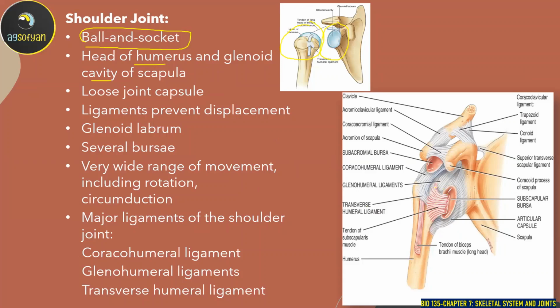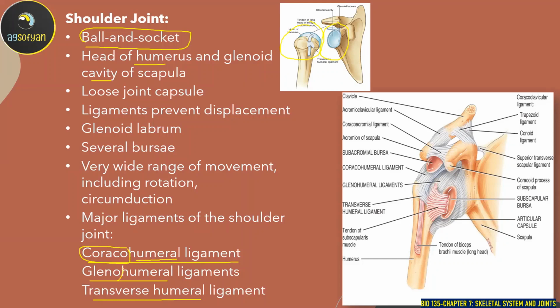And there are several ligaments that make this joint stronger. There are 3 of them: coracohumeral ligament, glenohumeral ligament, and transverse humeral ligament. So this actually tells you the positions of the ligament between the coracoid, which is part of the shoulder blade, and the humerus bone.